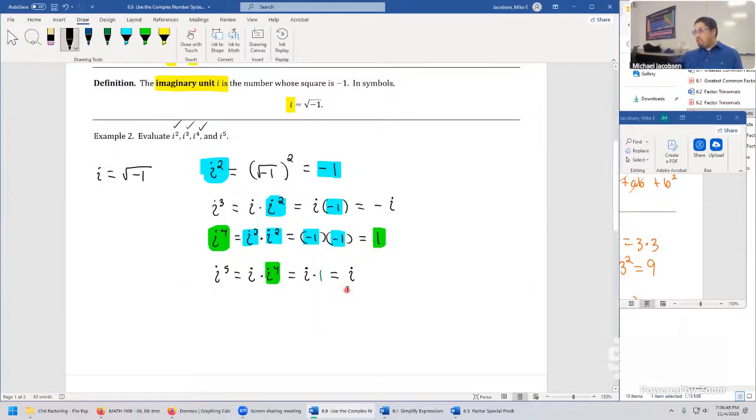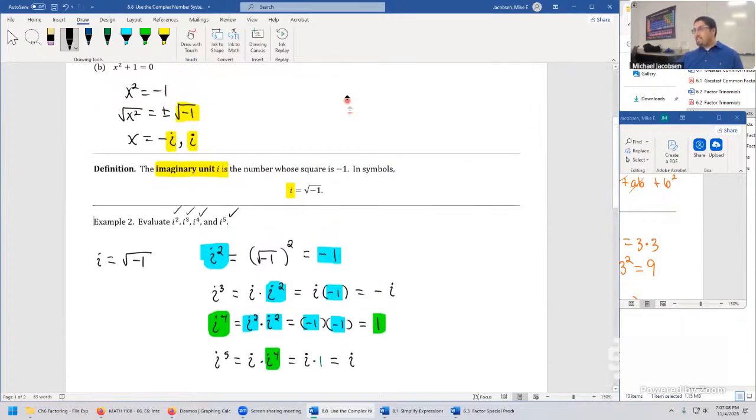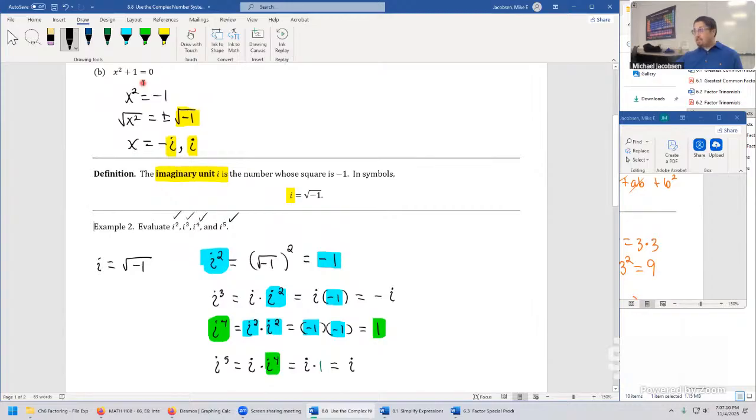So i power 5 is just i. If we did i to the power of 6, we'd be getting -1. i to power 7 is negative i, i to power 8 is back to +1, and it just keeps on repeating in that same cycle. So that's another look into where does i come from? It comes from the goal of wanting to solve these kinds of equations. And example 2 is just working with i.